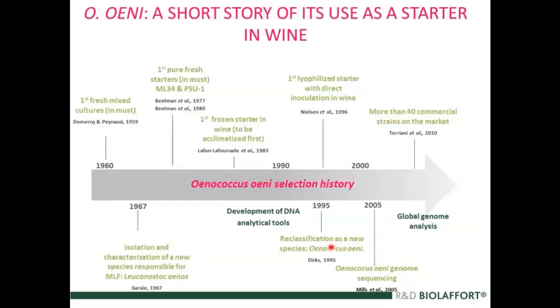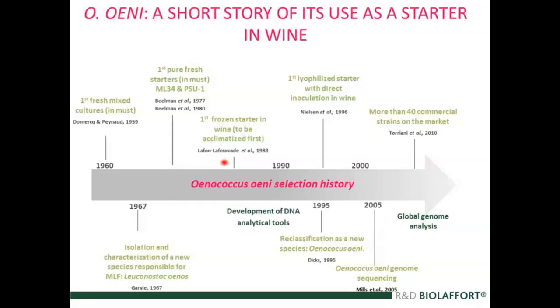And in 1995, it was reclassified as a new species, Oenococcus oeni, because of the development of DNA analytical tools that enabled taxonomists to show that it was really a genus apart from the Leuconostoc group. Nevertheless, research continued to use Oenococcus oeni, or what was still called Leuconostoc oenos, as a starter in wine.